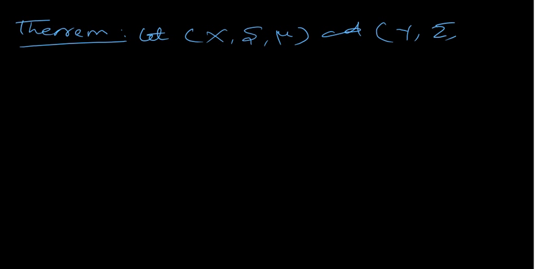If we have two sigma finite measure spaces X and Y, so let (X, Σ, μ) and (Y, Σ, ν) be two sigma finite measure spaces.